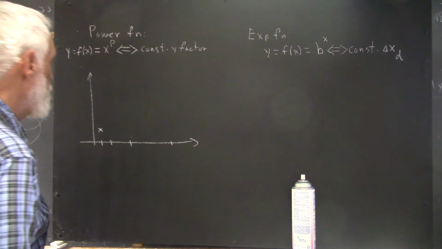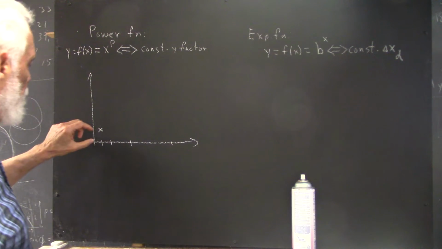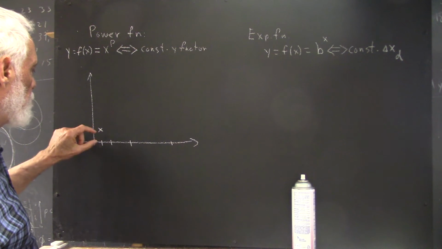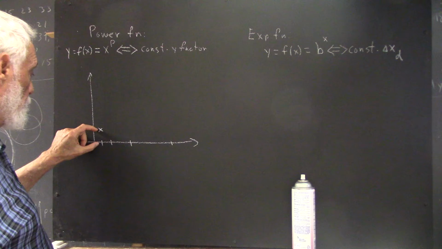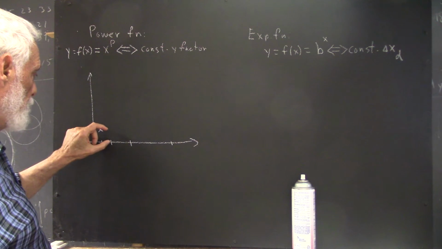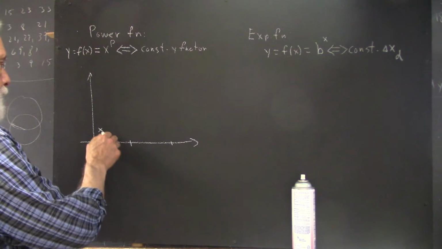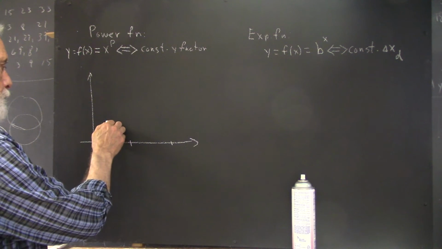Let's say that my y factor is 3/2. Then every time x doubles, y has to change by factor 3/2. So if this changes by factor 3/2, that means I've got to have a point that's 3/2 as high as this one associated with this x value.